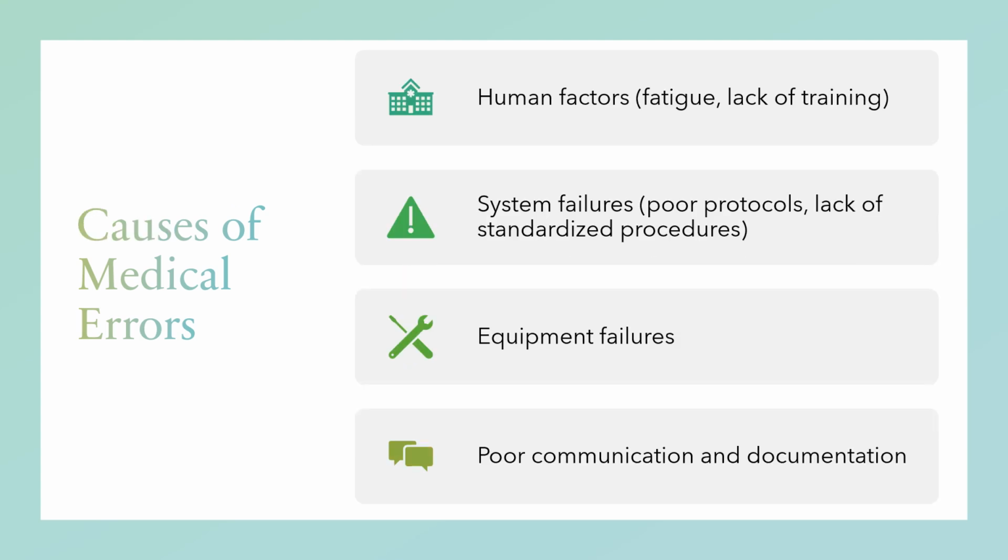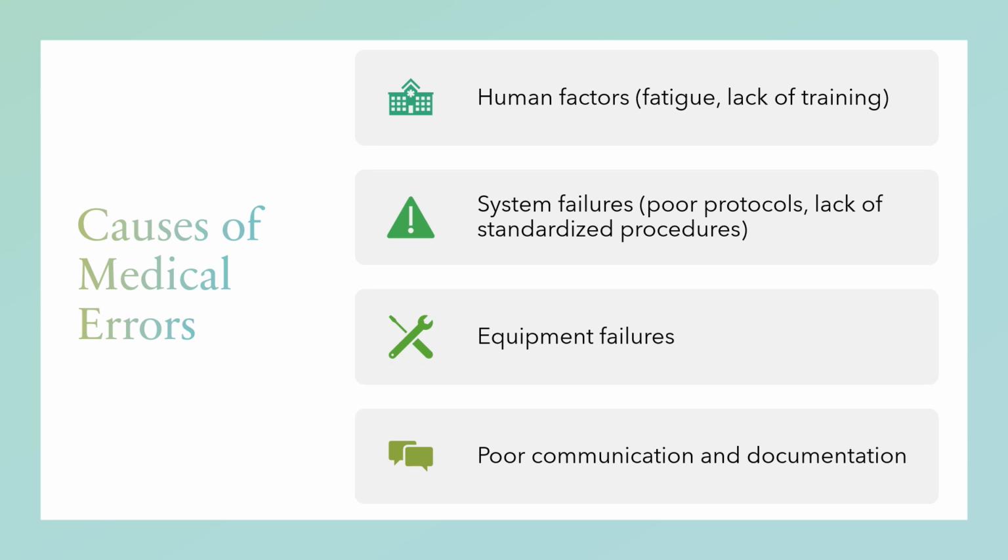All right, so here are some causes of those medical errors. Human factors, fatigue, lack of training, that is a big one for the sterile processing department. System failures, poor protocol, lack of standardized procedures. Equipment failure, this is another big one for us in the sense that if any of our sterilizers fail and do not properly let us know that there are problems within the sterilizer, that is a problem for our surgical patient.